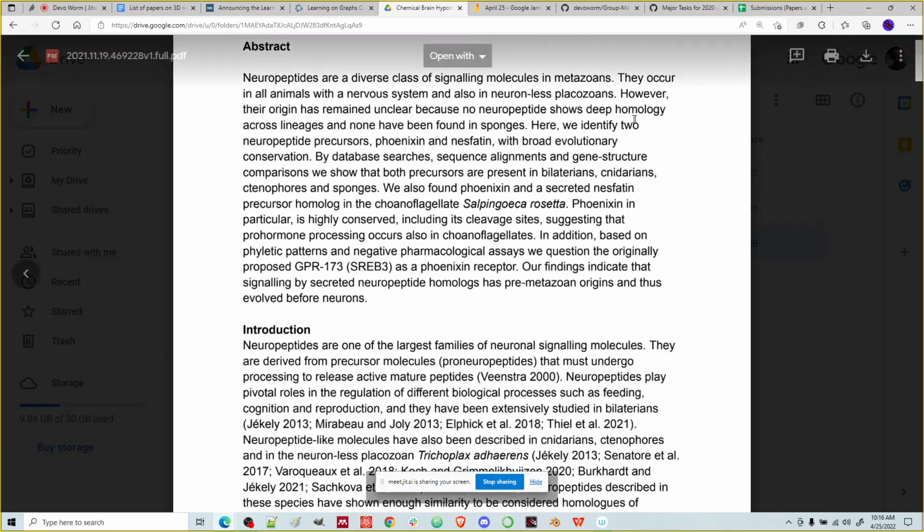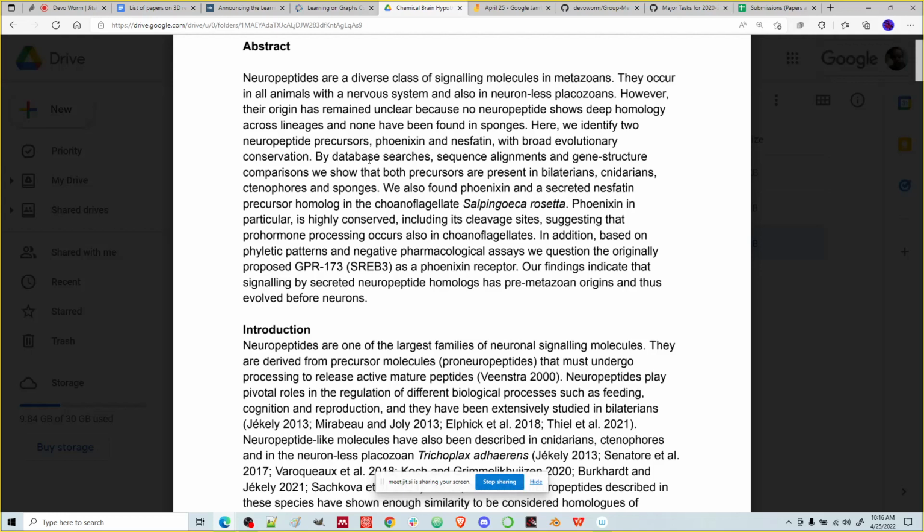So they're looking for two neuropeptide precursors with broad evolutionary conservation. That's one way to look at the origins of something, is to look at things that are highly conserved, or the same across multiple species. Then you take that data and hypothesize that there was a common ancestor. Because it's conserved, you can predict the common ancestor without too much trouble.